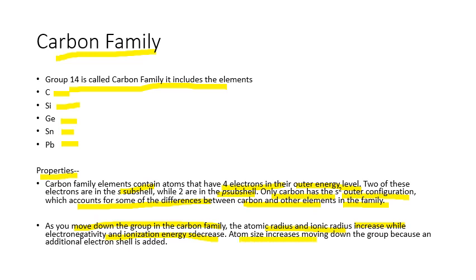Atomic size increases moving down the group because an additional electron shell is added. This we all know.